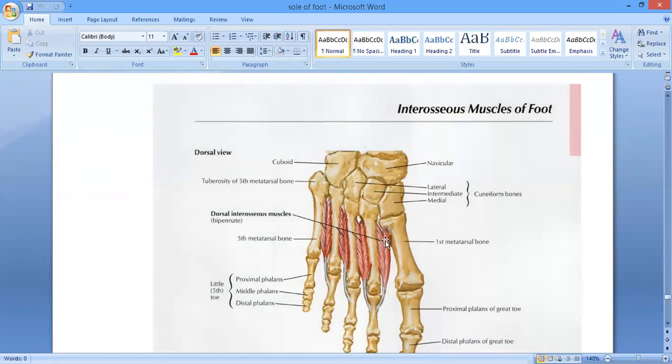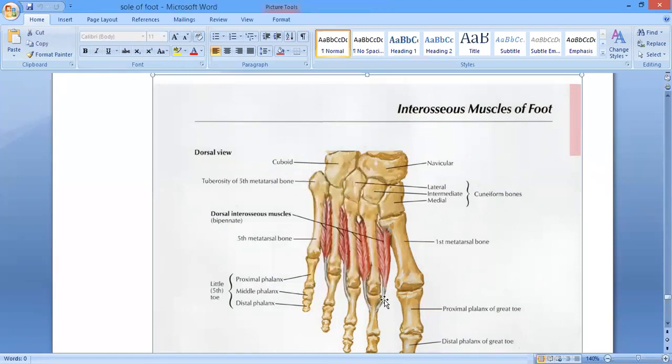The first dorsal interosseous is going to be inserted over the medial aspect of the base of the proximal phalanx of the second toe. Right? And the second dorsal interosseous is going to be inserted over the lateral aspect of the base of the proximal phalanx of the second toe. The third one is inserted over the lateral aspect of the base of the proximal phalanx of the third toe.